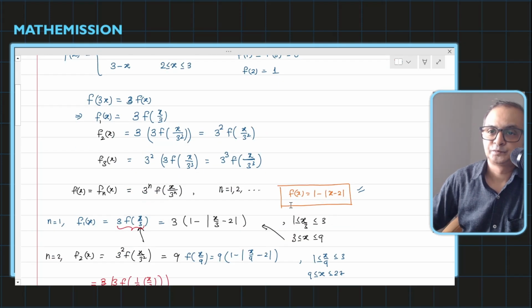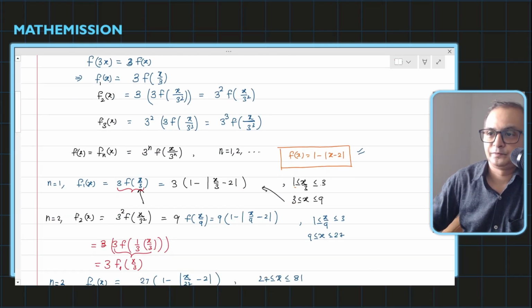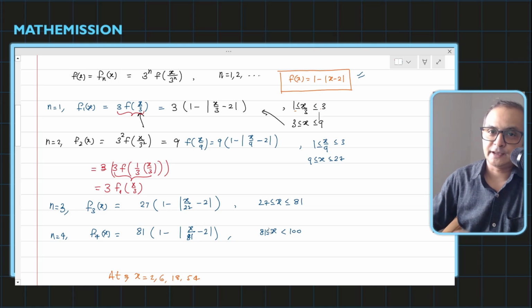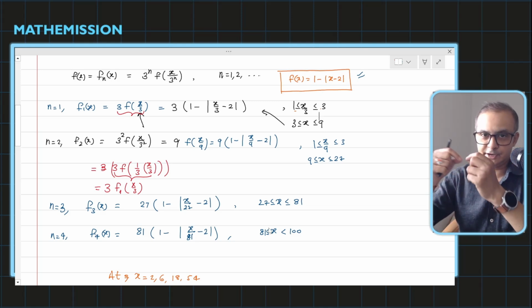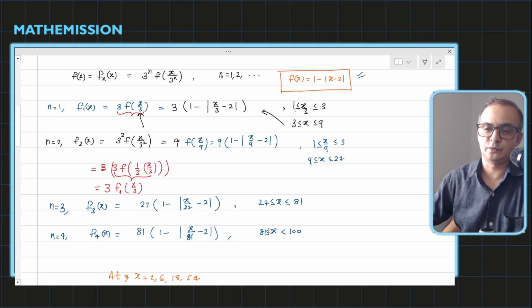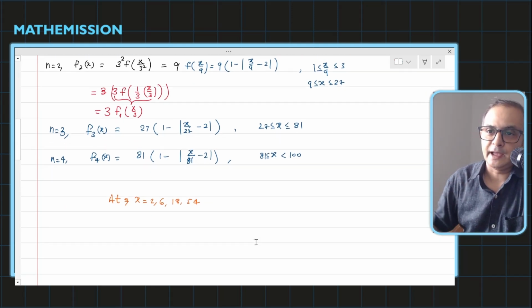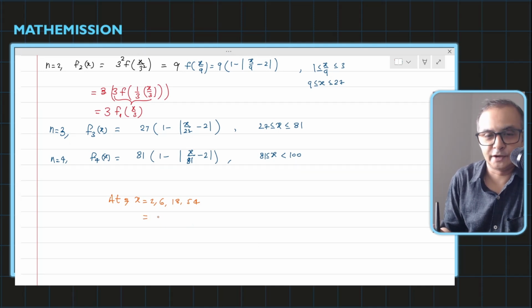It means the first interval was 1 to 3, the second was from 3 to 9, correct? Then the third is 9 to 27. So at each end where a connection is happening, non-differentiability can also happen, and these are the points at which non-differentiability can happen.